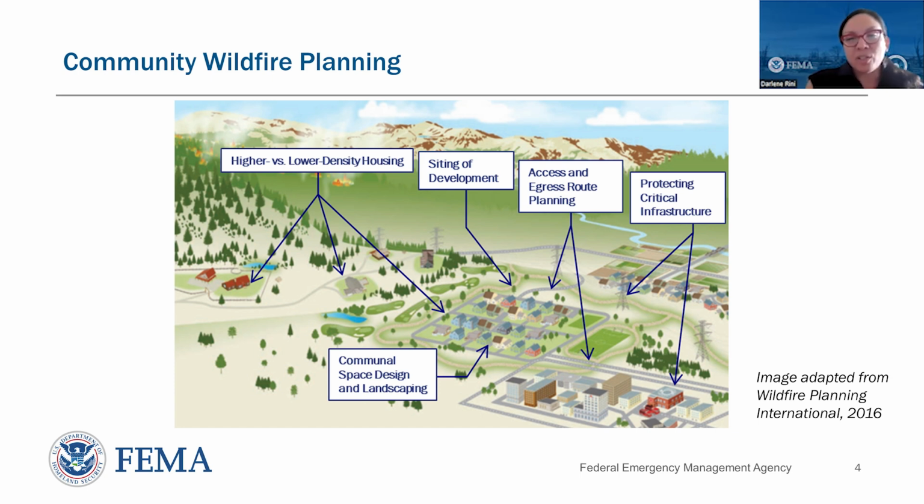On this slide, we're showing a number of those concepts or topics that we'll be touching on within this presentation, but there are certainly a lot of others that we can reference within the FEMA products from the Marshall Fire.